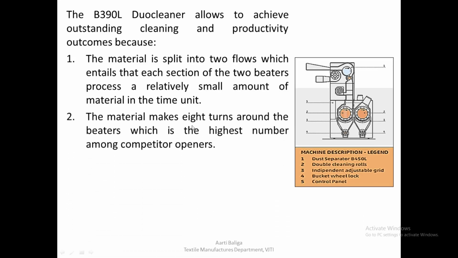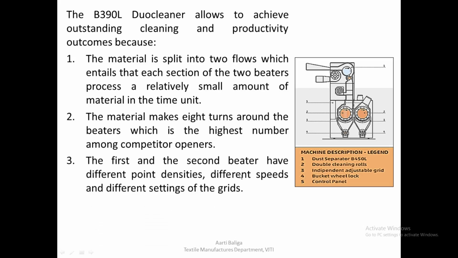The material also makes 8 turns around the beater, which is the highest number among competitor openers. If you compare it with other openers available in the market, this gives you the highest number of turns around the beater, and it is expected to clean better.